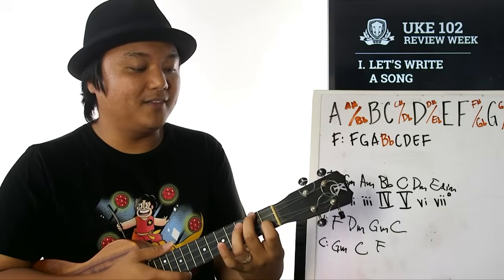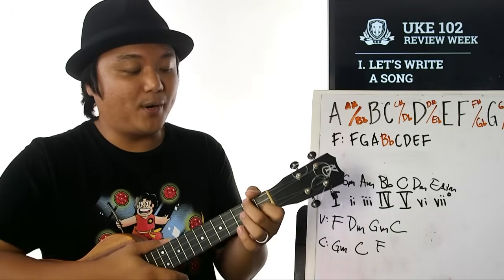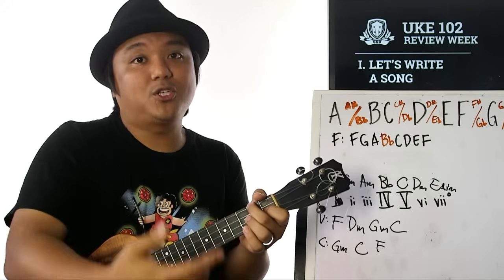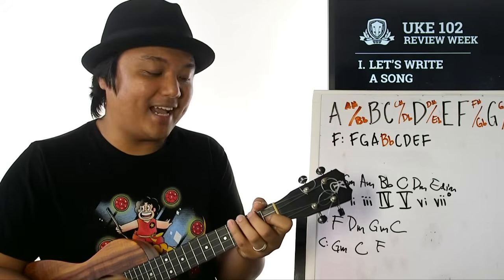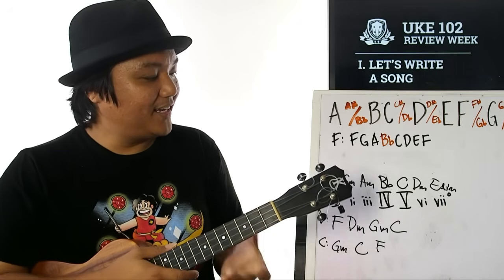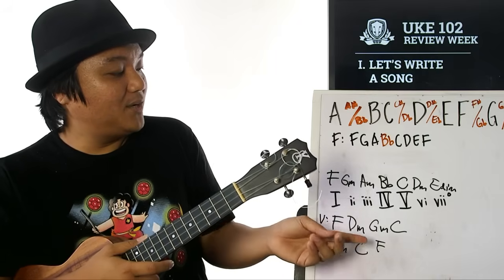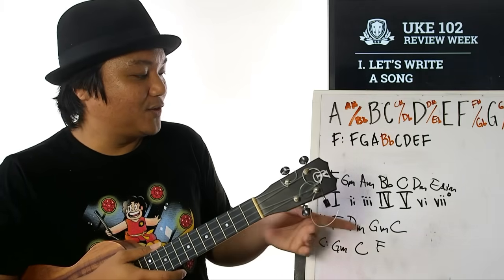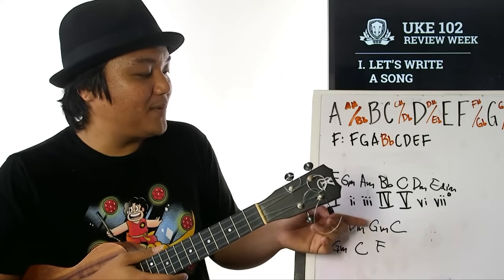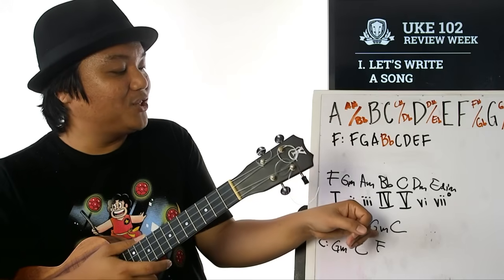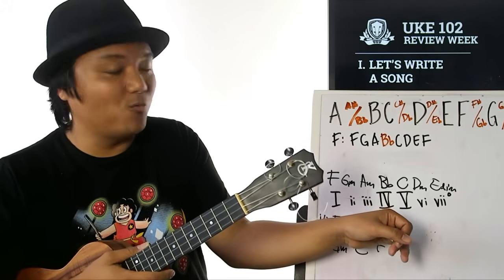So if we were to designate F for 1 bar, it's gonna go 1, 2, 3, 4, and then we're gonna switch chords. And then let's just say we want to do 4 bars of this chord progression: F, D minor, G minor, C. F is gonna get 1 bar, D minor is gonna get 1 bar, G minor is gonna get another bar, and C is gonna get 1 bar.